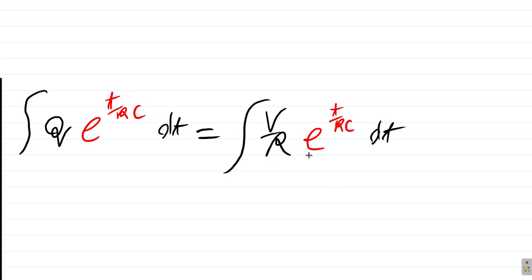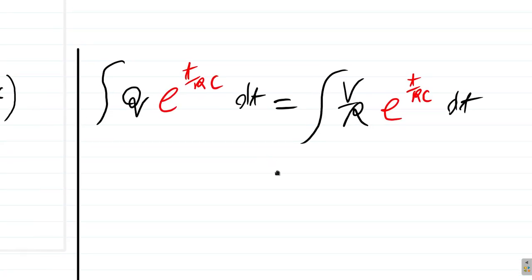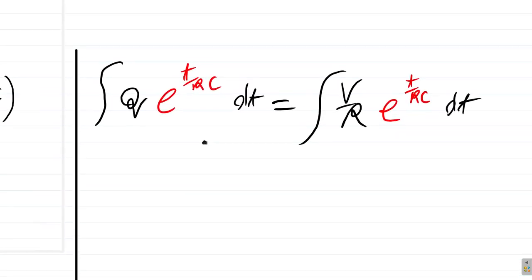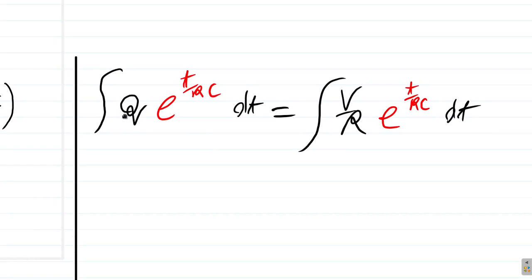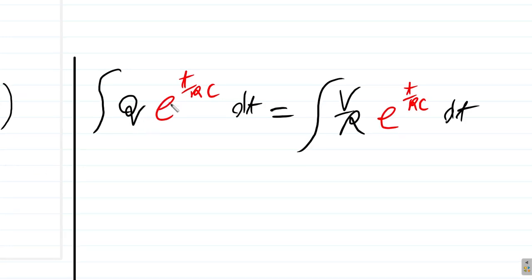I put the constant on the left and then the function on the right, because v over r is a constant. Well, q is a function, it's a charge. It's two functions here that we are integrating, two functions of t, q and e to the t over rc. That's why we got that product rule earlier. But here, v over r is a constant. Alright?